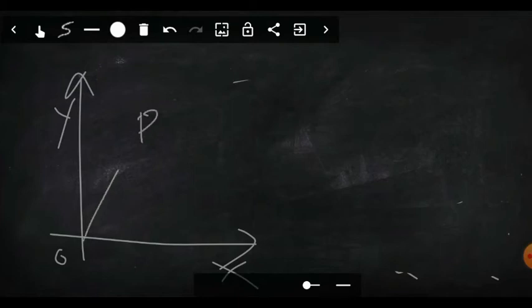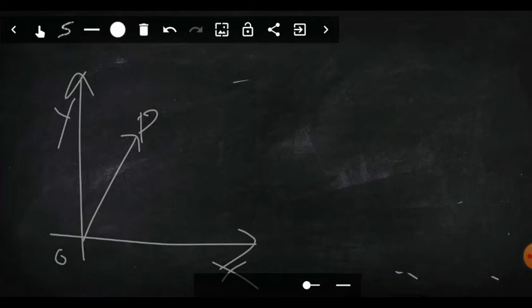Next we have to consider the displacement vector. How can we consider the displacement vector? In the same situation, we are considering a two-dimensional space, with the x-axis and y-axis. With respect to the common origin, initially at time t the object is at position P. Then OP is the position vector at that time.